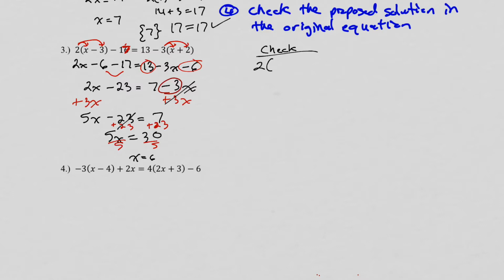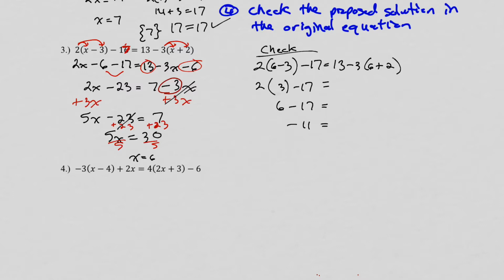Alright, so plug in the 6 where the x's are. And now we just do the calculations one side at a time. So we can do 6 minus 3 is 3, and then that's 6 minus 17, and 6 minus 17 is negative 11.